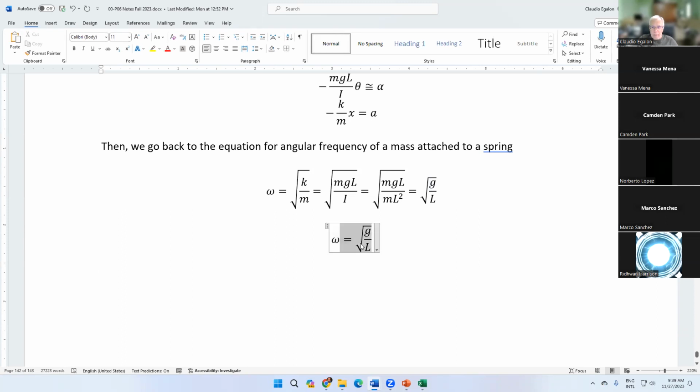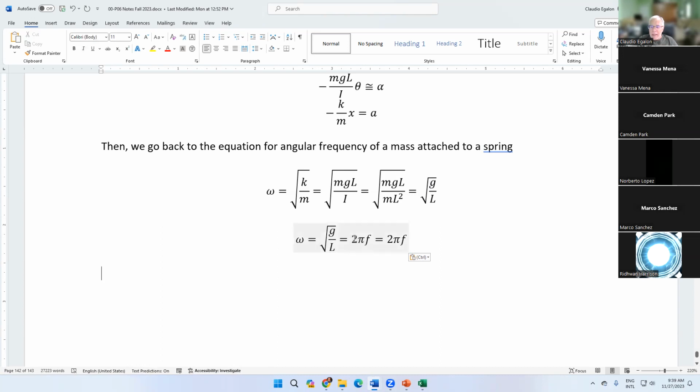Which, by the way, is 2 pi times the frequency, okay? That's why we call it angular frequency, because it is directly proportional to the frequency, multiplied by 2 pi.